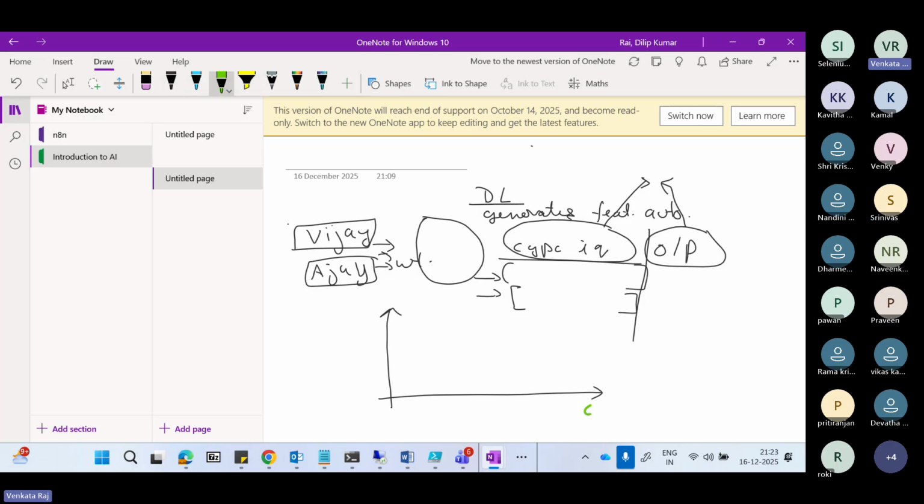So this is CGPA and this is placed or not.